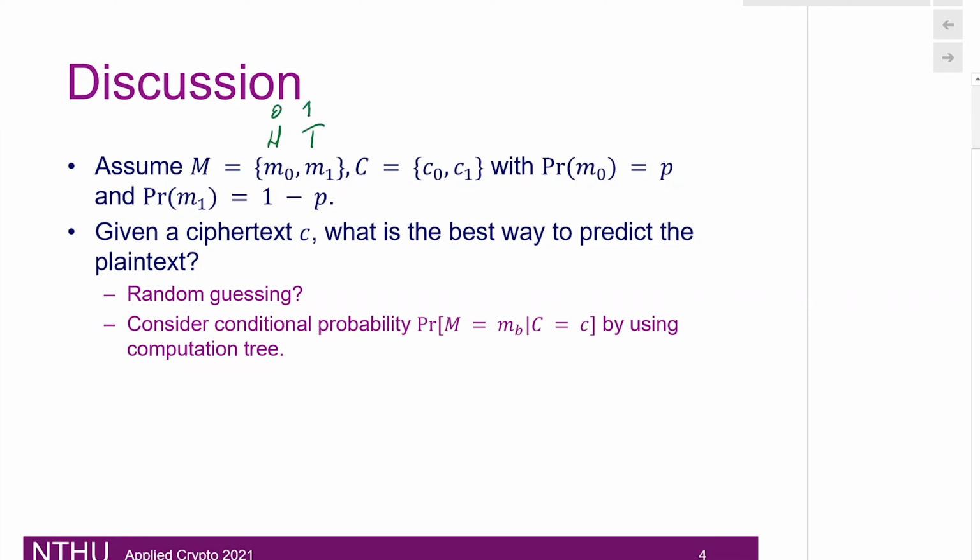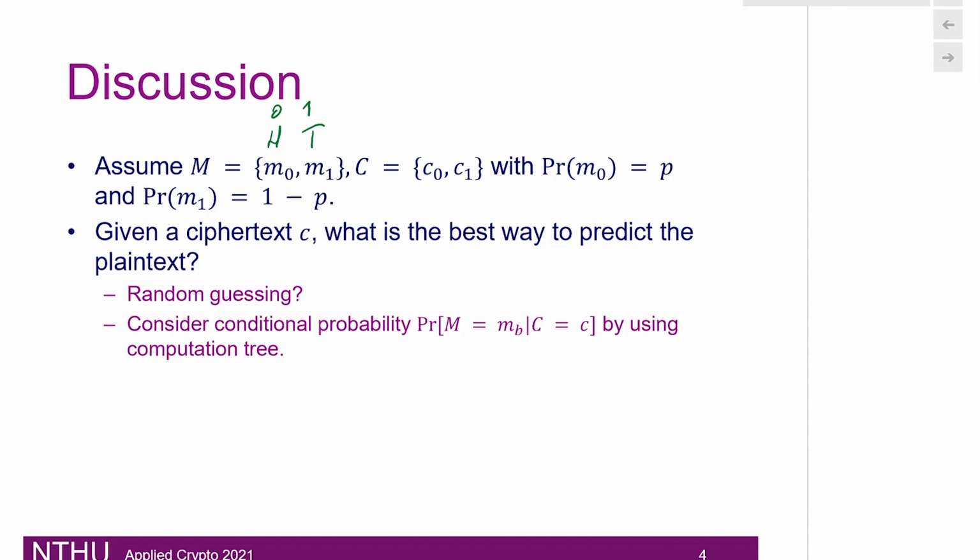So, let's say we are just encrypting 1 bit, and the ciphertext could be 0 or 1. And now we are defining that the probability distribution of the message space M is just P and 1 minus P. What does that mean?